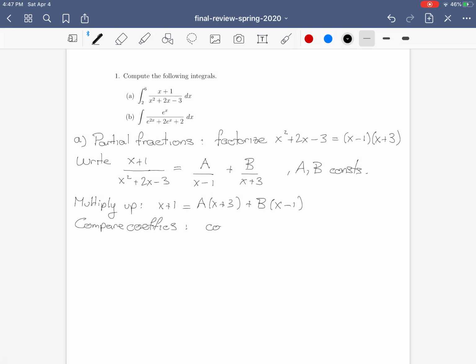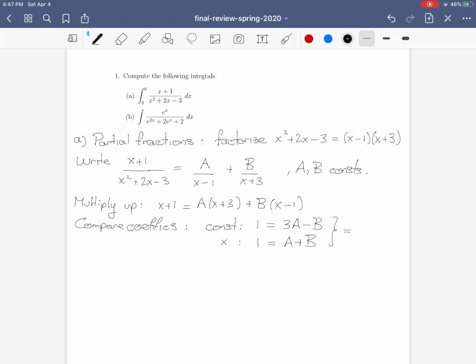For the constant coefficient, on the left-hand side I have 1, and on the right-hand side I have 3a minus b. And for the x coefficient, on the left-hand side I have 1, and on the right-hand side I have a plus b. So this is a system of two equations for two unknowns, a and b.